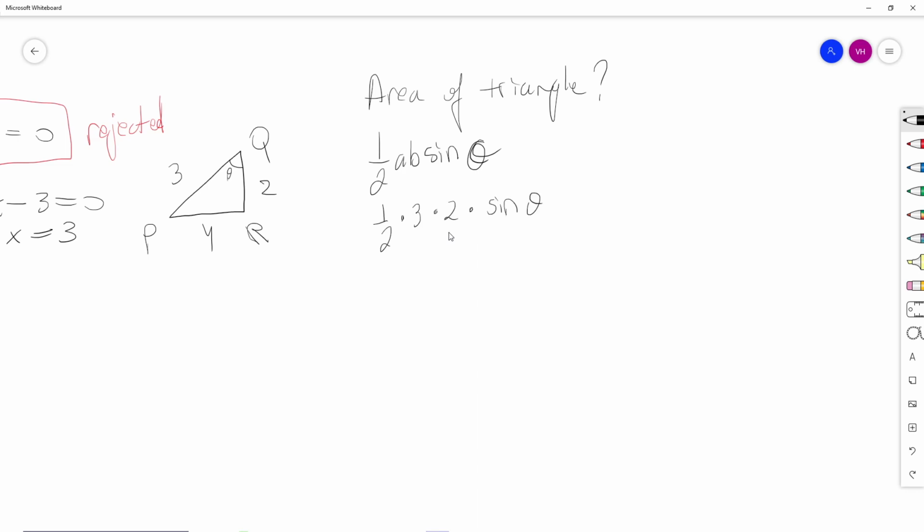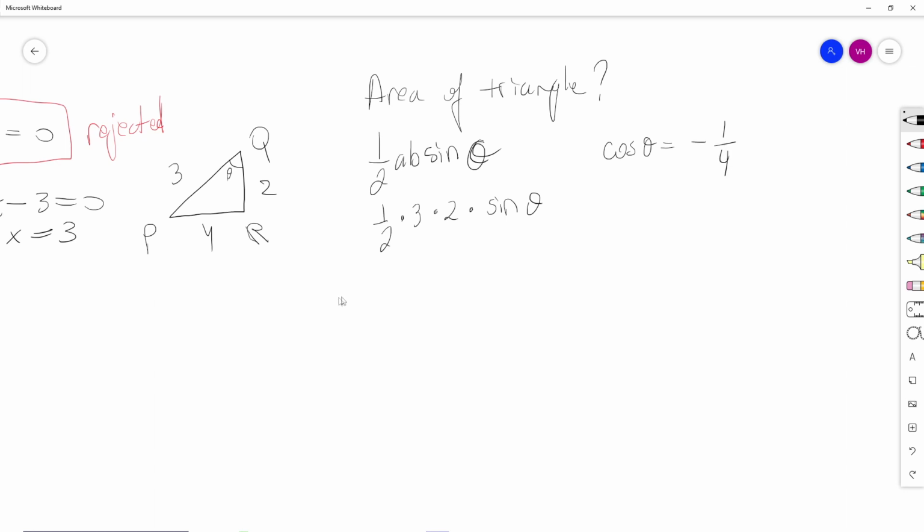But we would say that we don't know what sine of theta is. However, we were given in the beginning that cosine theta equals -1/4.